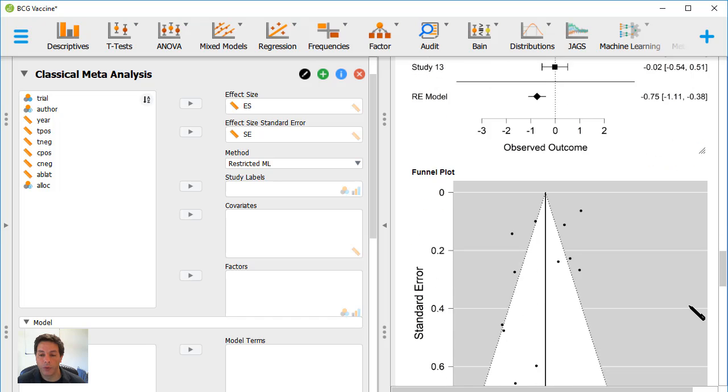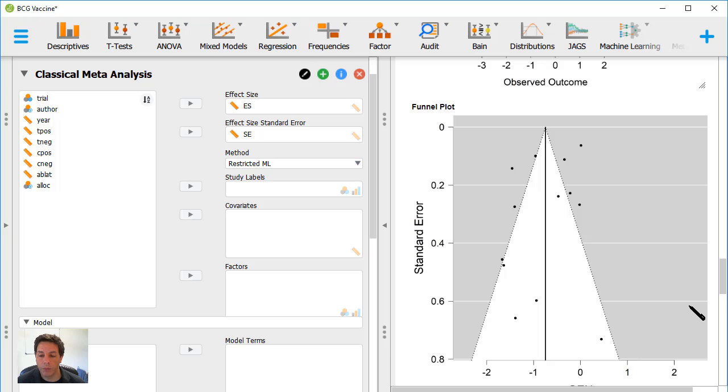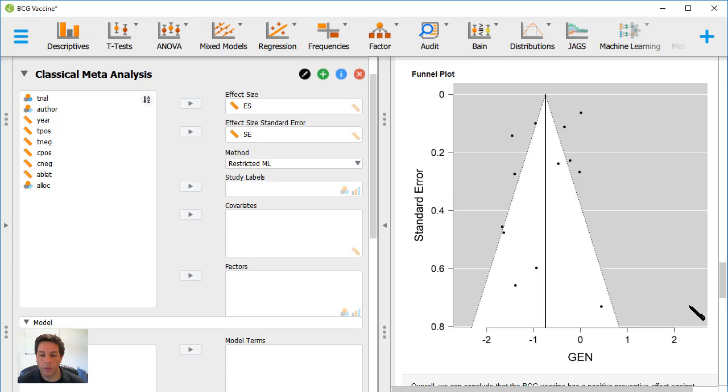And another important thing for the exam, the funnel plot. You need to understand what the funnel plot is. The funnel plot is one of the methods we have to estimate whether there is publication bias.